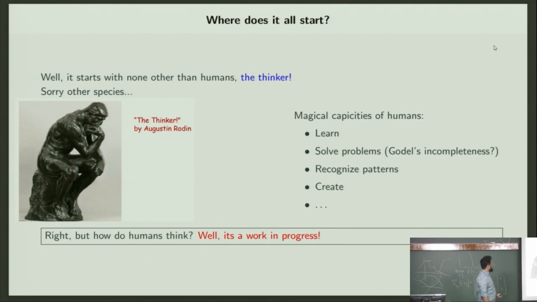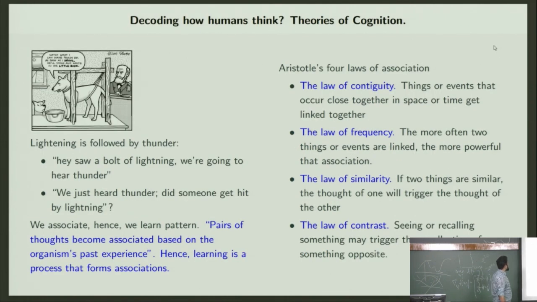Again, most neural network introductions start with this philosophical idea that we are thinkers because we have a brain, and with the neural network it has the ability to learn, solve problems, recognize, create, and so on. The initial one was theory of cognition, where they were basically trying to understand how you learn.